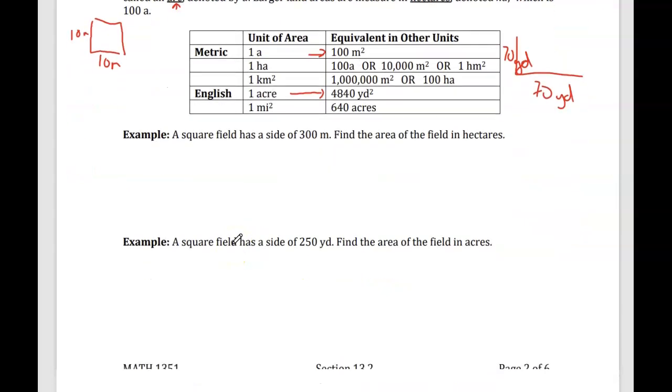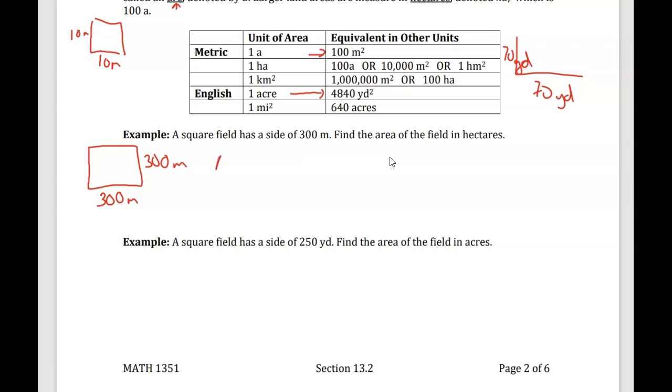So let's look at how we can convert those type of things. A square field has a side of 300 meters. So we know that it's a square field, 300 meters by 300 meters. So 300 meters times 300 meters.